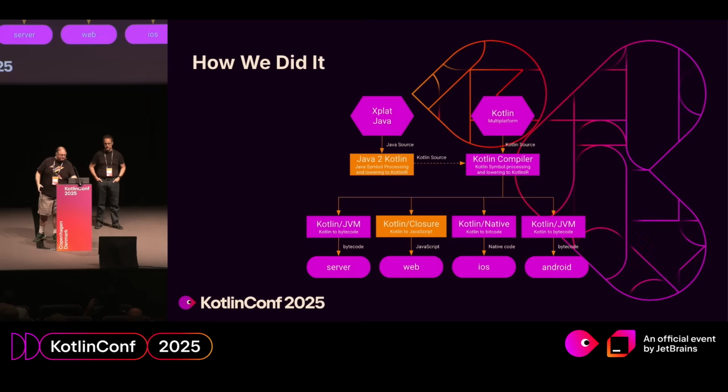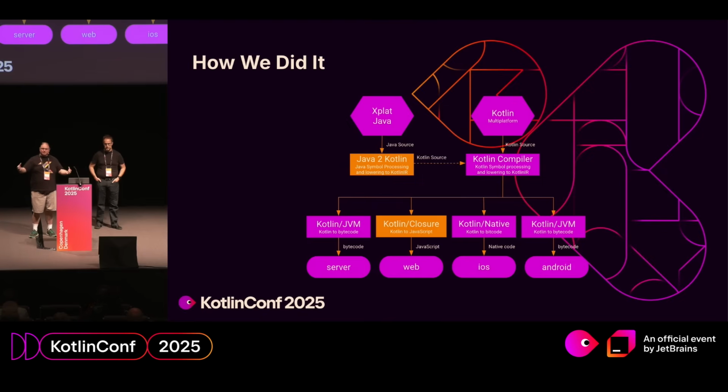What we did is, we already had 2 transpilers, and we had this giant code base in Java. Why not write a 3rd transpiler? So we wrote a transpiler to take Java and turn it into Kotlin.